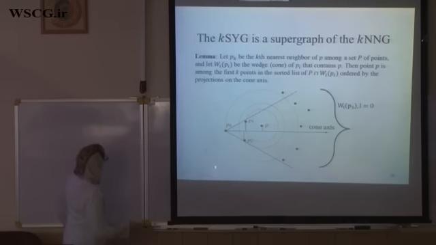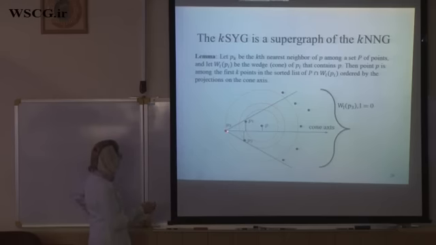So if P3 is the third nearest neighbor of P, then when you look in the wedge of P3 that contains P, so in this example, wedge 0 of P3, it turns out that P is among the 3 closest points to P3 measured in terms of projection on this axis.